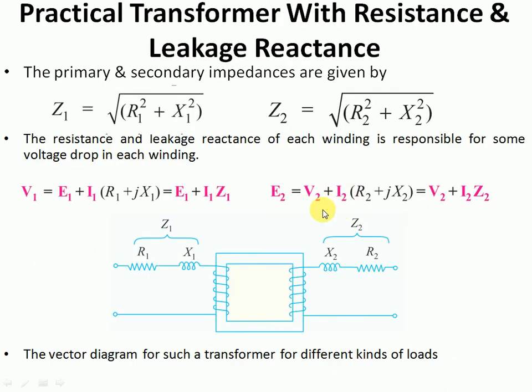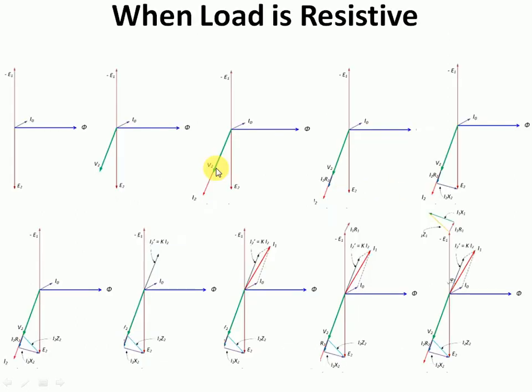From this relation it's very clear that E2 can be obtained by adding V2 plus I2 R2 plus j I2 X2. So in order to obtain the value of E2, first we will add I2 R2 to V2. The value of R2 is usually small, so definitely the value of I2 R2 will also be a small one.